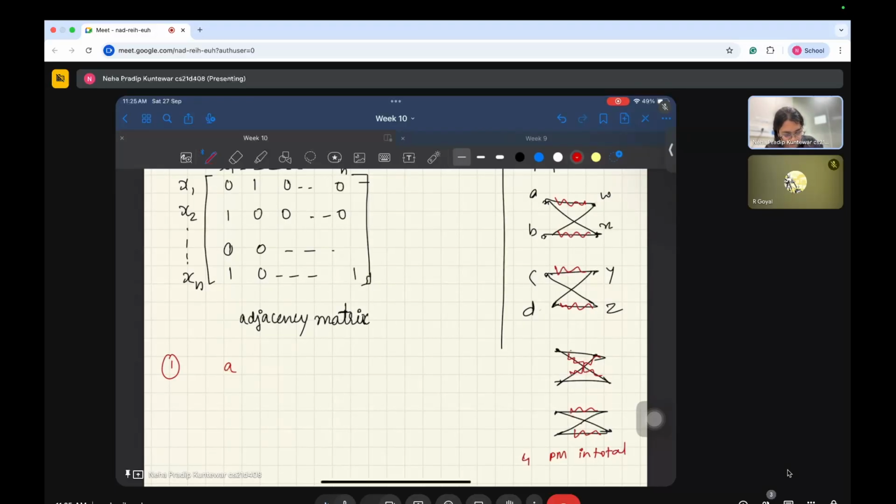What is the first perfect matching? A is matched to W, B is matched to X, C is matched to Y, and D is matched to Z. I think a better way to write this would be to number these.